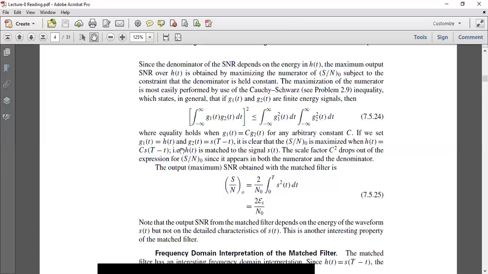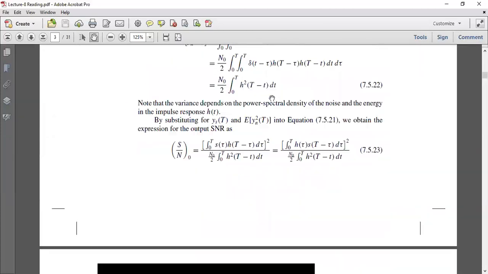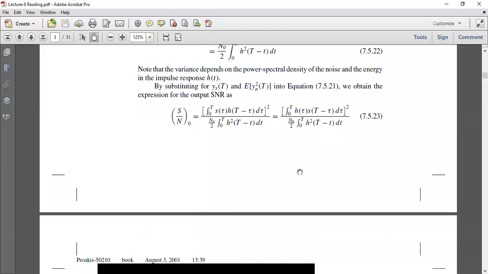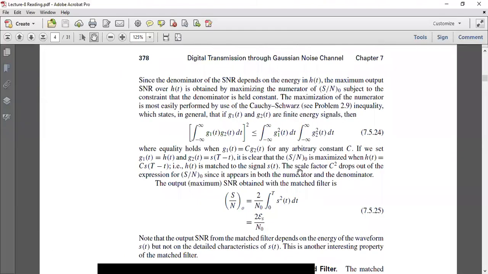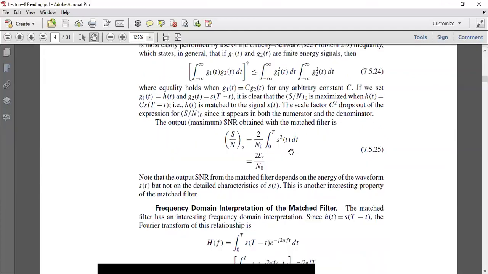Okay, so from this expression we will get h of t and s of t minus tau. Note that the output SNR from the match filter depends on the energy of the waveform. So if you don't understand this, just use this expression that the maximum signal to noise ratio is 2 times Es over N naught.